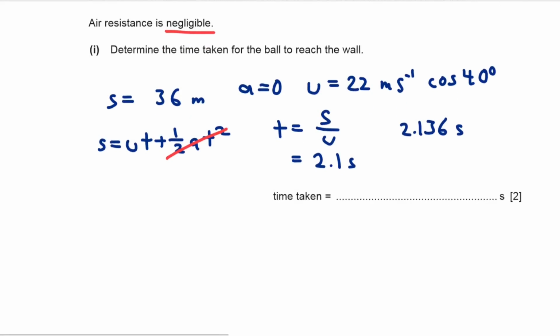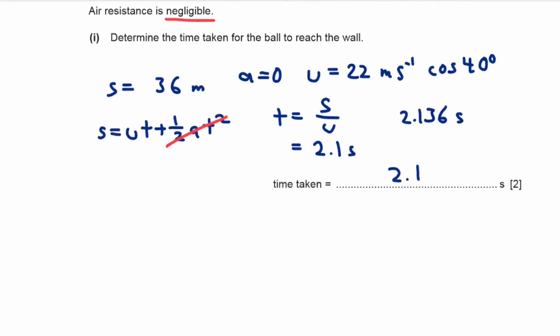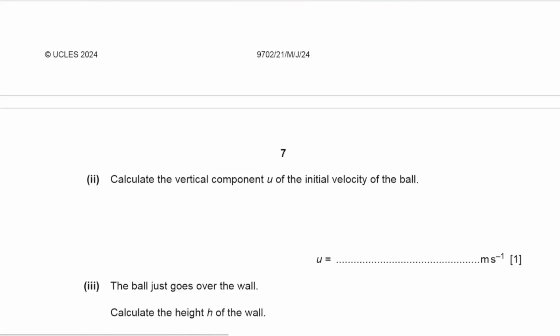We're rounding to two significant figures because our answers all have to be to two significant figures. So we know the time now.